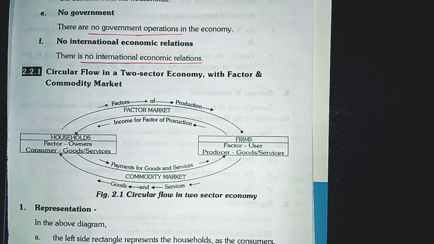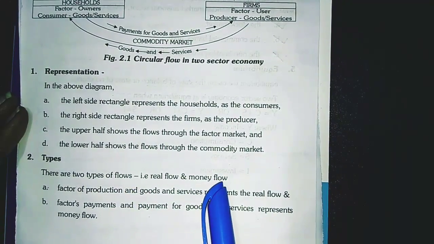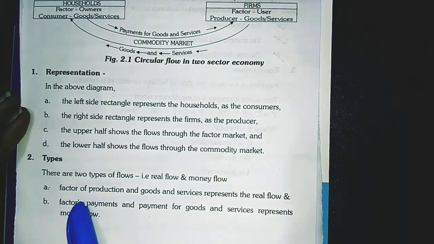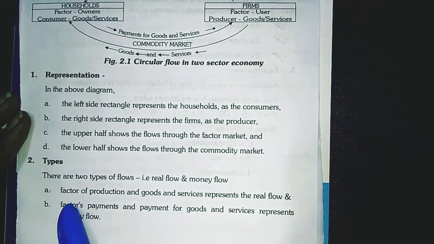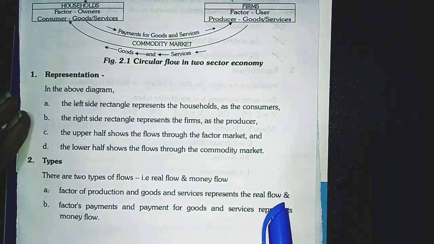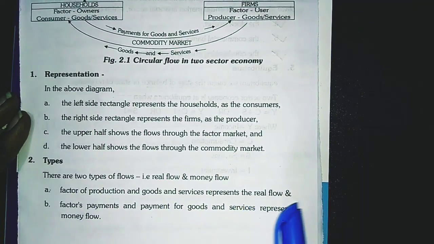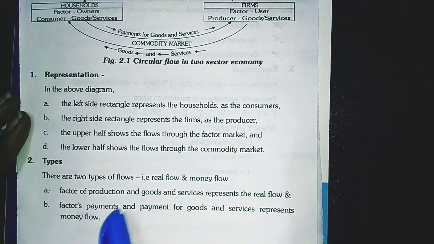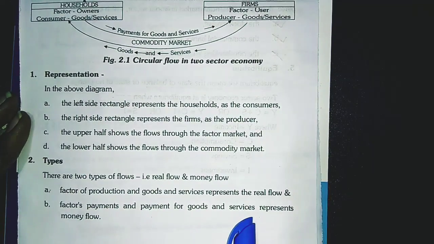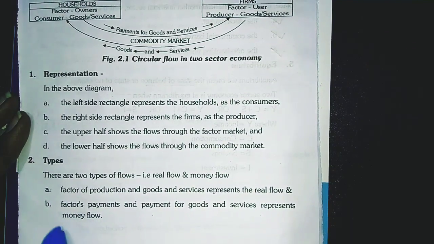Now the next one is, there are two types of flows, that is real flow and money flow. Whatever is the flow related with the production and services, that is called the real flow. Means if the person is taking any goods and services, that is called the real flow, and if that person is paying for such goods and services, or a labor is getting the wages, then that is called the money flow.